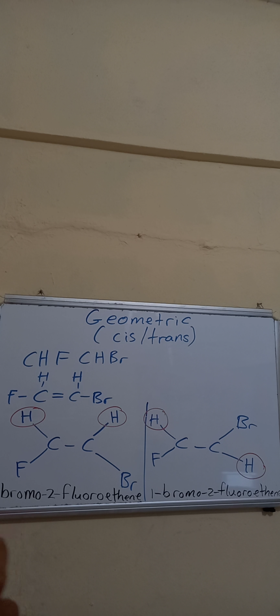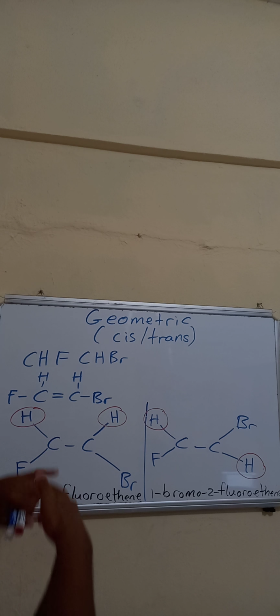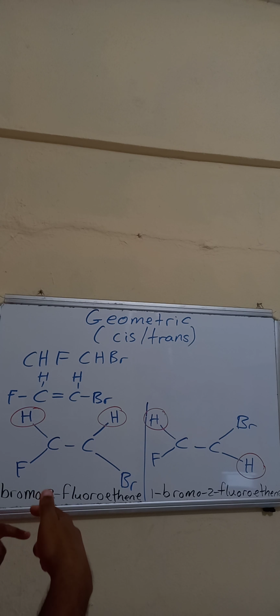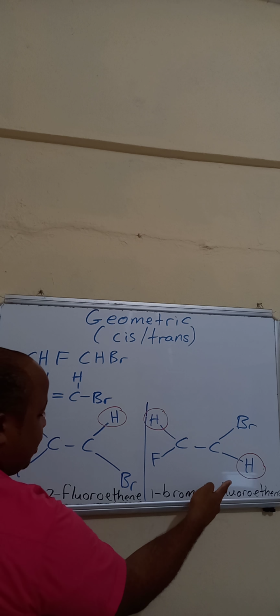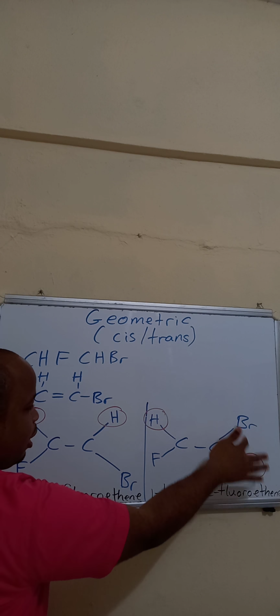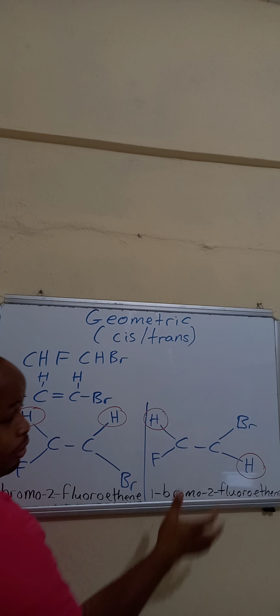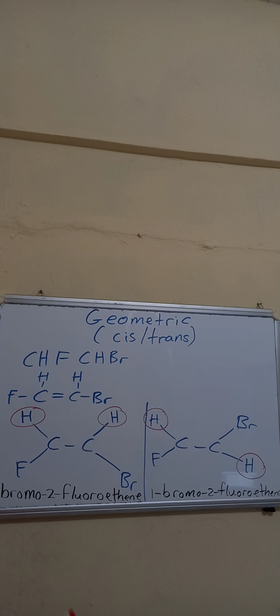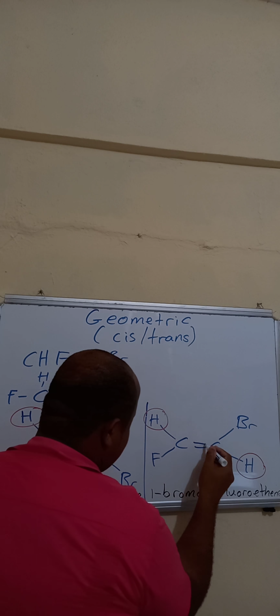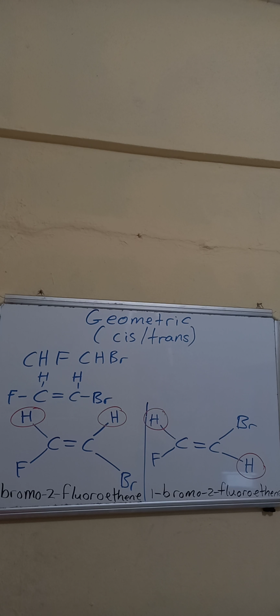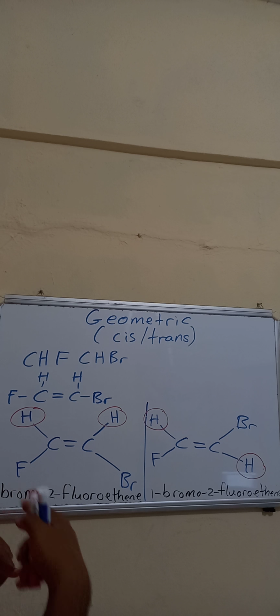Because it can rotate, you would be able to get the H up here and the Br down here. However, because it's a double bond, this carbon atom cannot rotate.